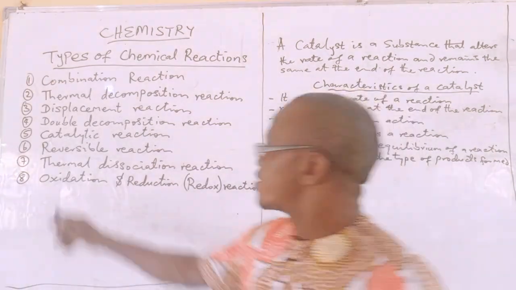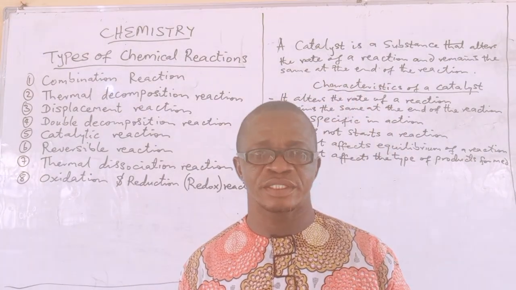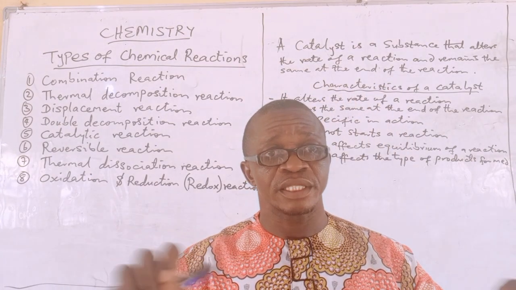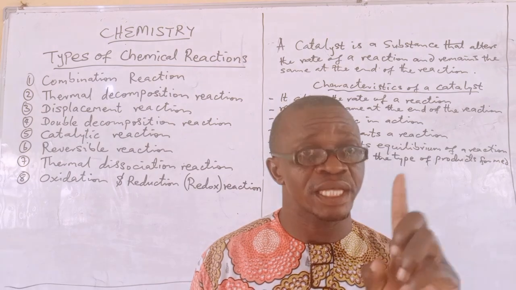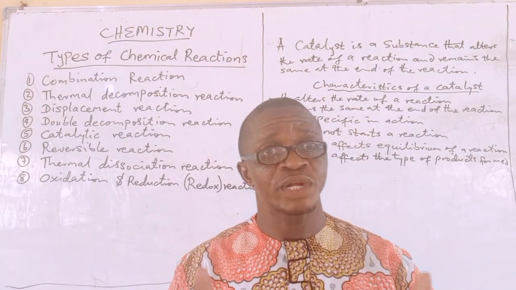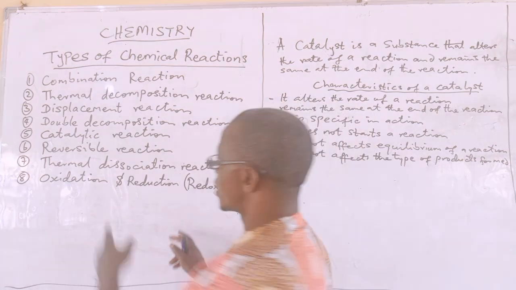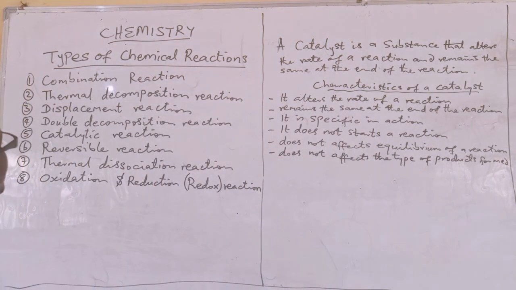Next is thermal dissociation. I want you to note that one equation like this can stand for more than one type of reaction. We were talking about reversible reaction before now.